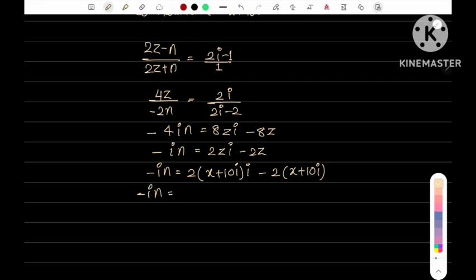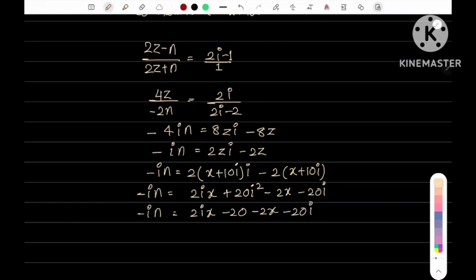Minus in is equal to 2ix plus 20i square minus 2x minus 20i. So minus in is equal to 2ix plus 20i square. i square is minus 1, so it becomes minus 20 minus 2x minus 20i.